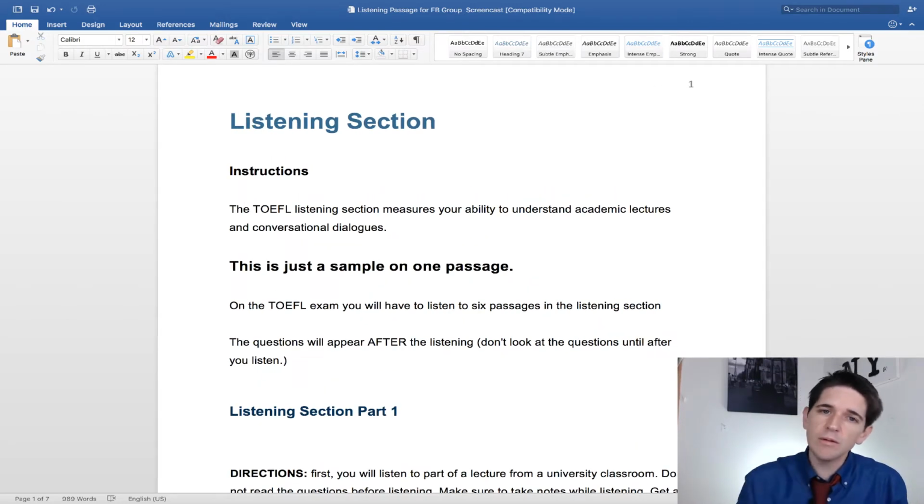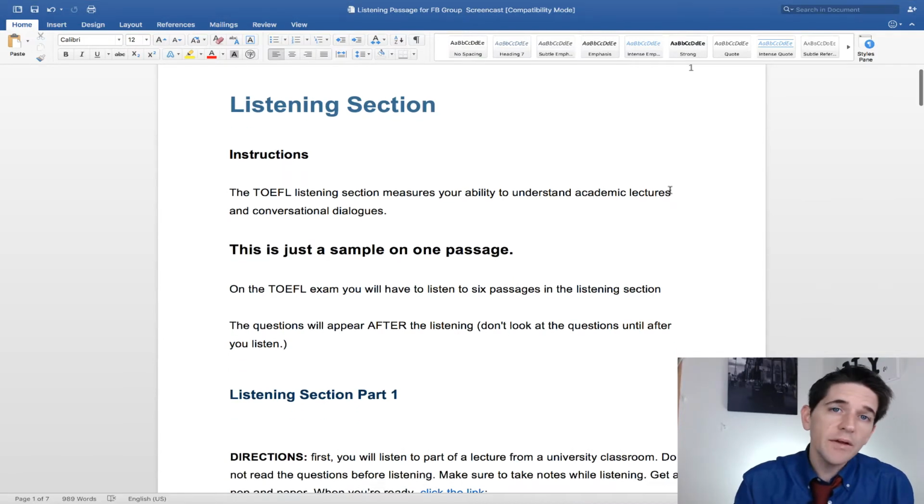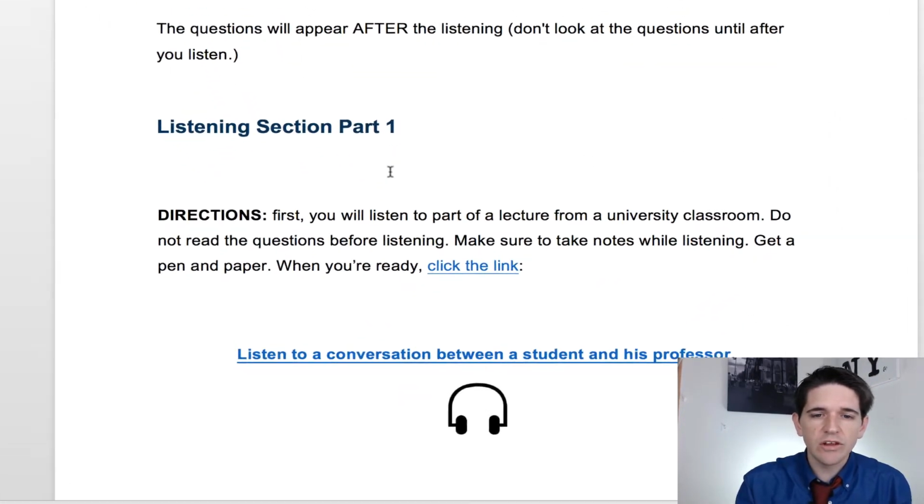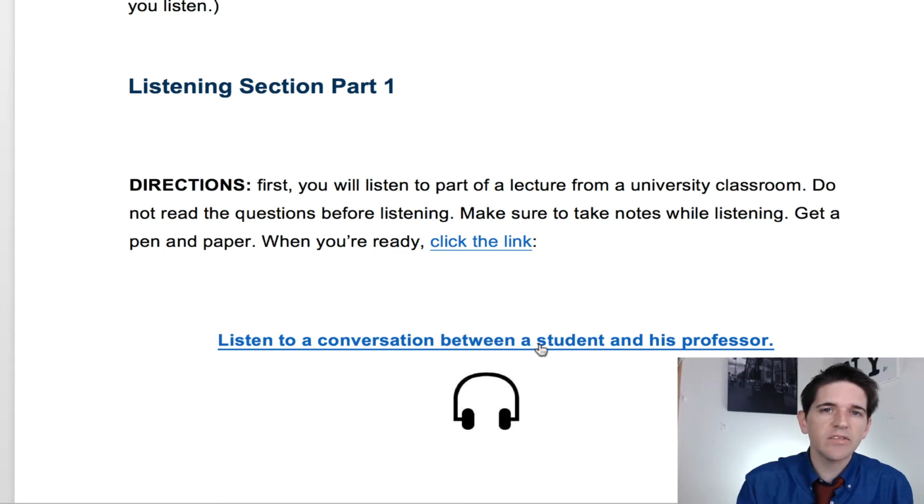When you download the listening passage, you should have seen a link right here. When you press one of these two, they're both the same link, you go to the passage and you listen to the passage, okay?